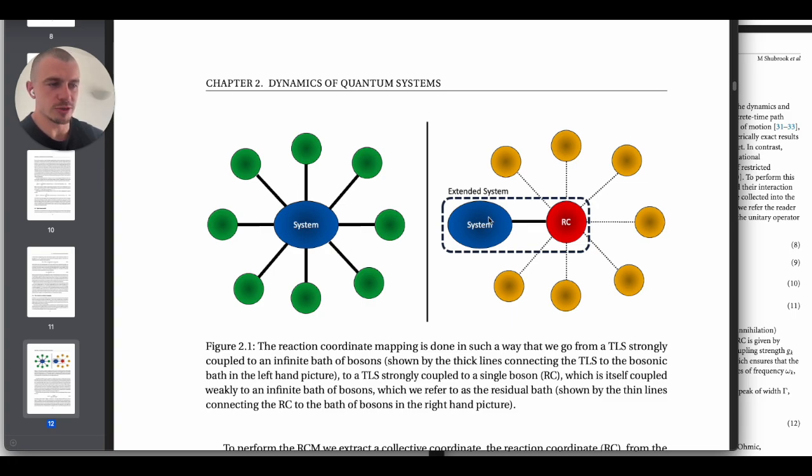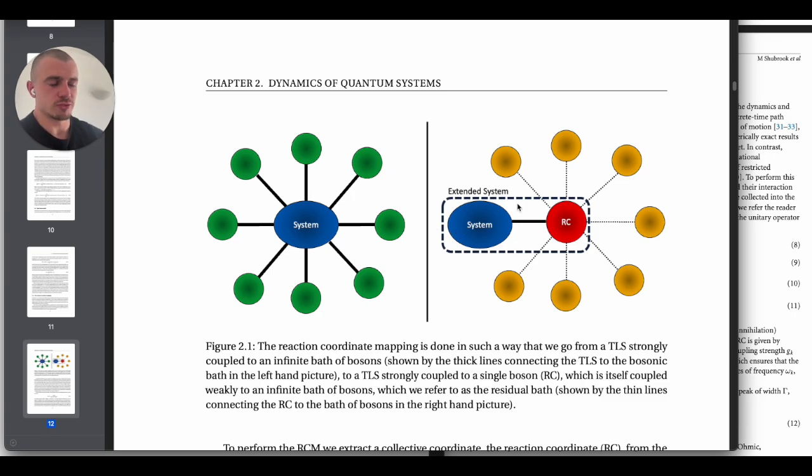But notice how the system now no longer interacts with any of the other modes. The only line coming out of the system, which represents an interaction, is connected to the reaction coordinate. So those two things are strongly coupled together. Then notice that the dotted lines here represent weak coupling between the reaction coordinate and these orange modes here. The orange harmonic oscillators we refer to as the residual environment. It's what's left of the full environment after we've taken the reaction coordinate out of it.